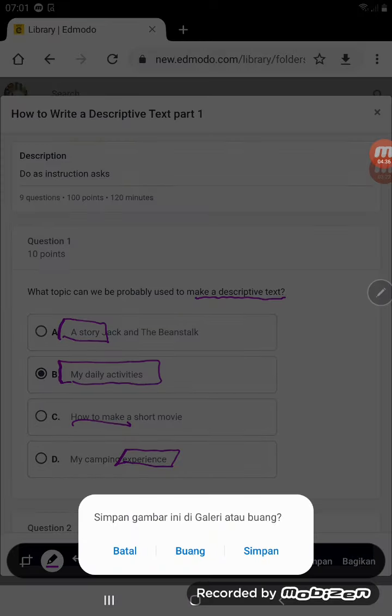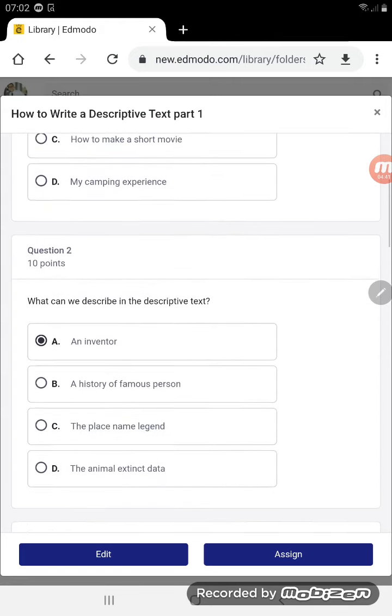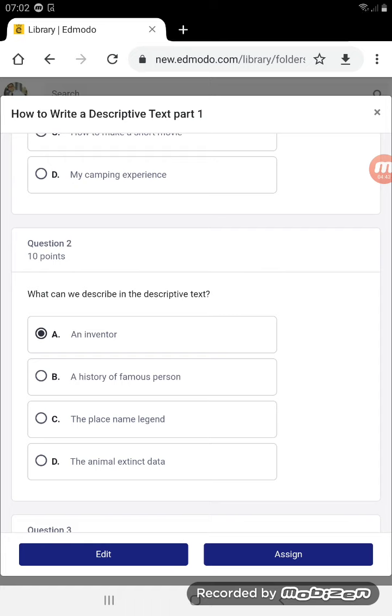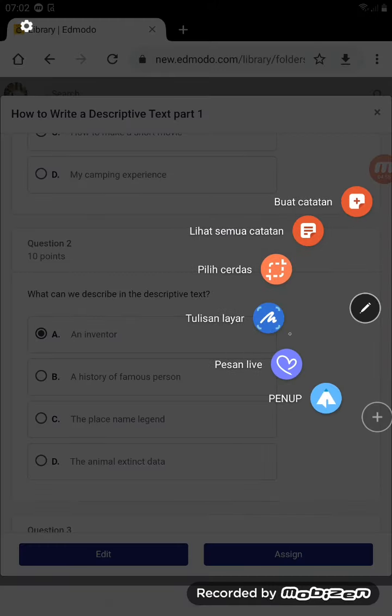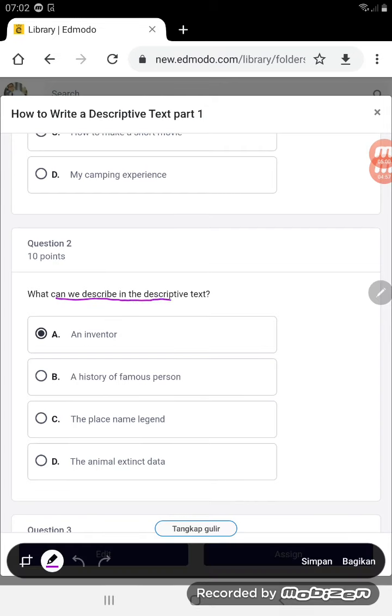Okay, how about number 2? What can we describe in the descriptive text? Remember that in descriptive text, there are four kinds we can describe.